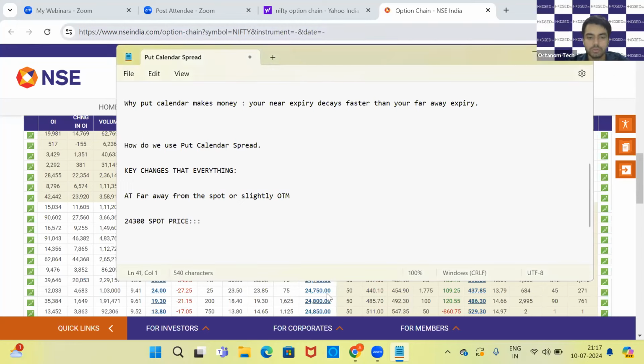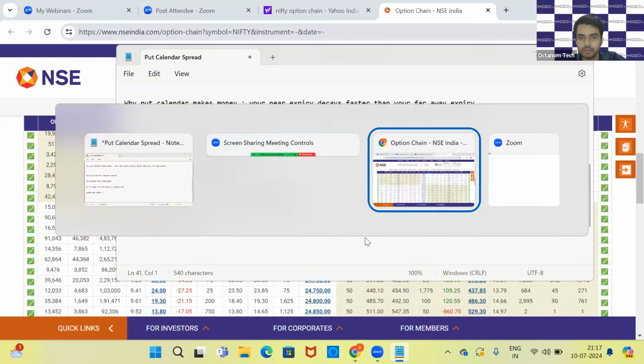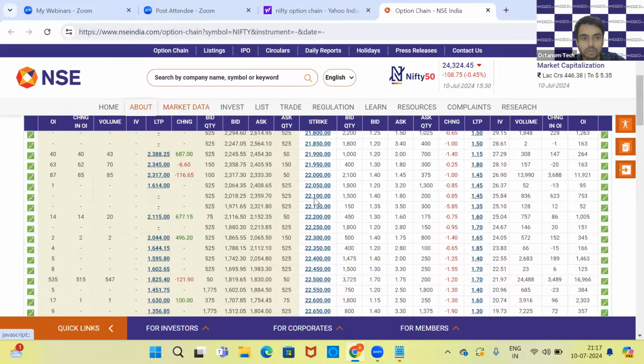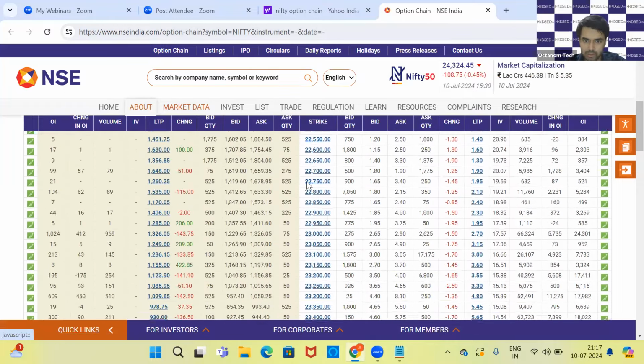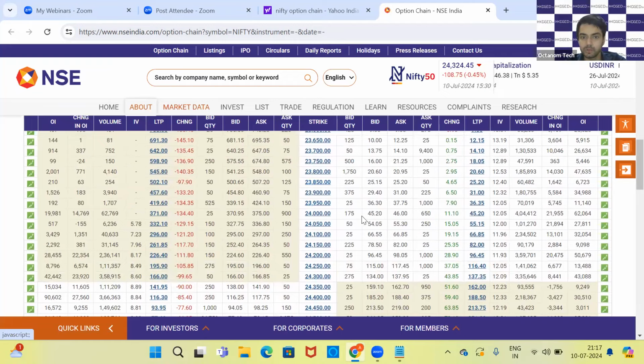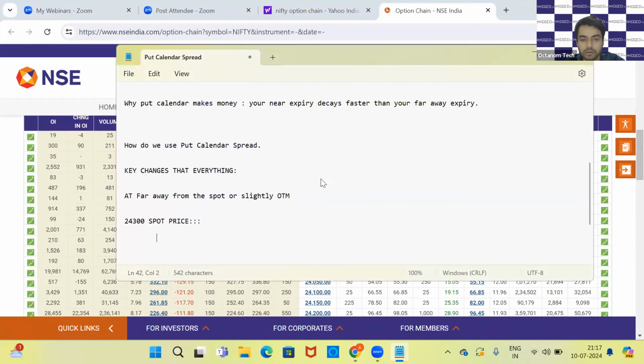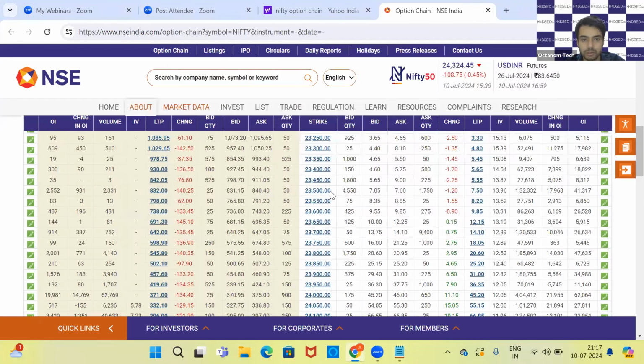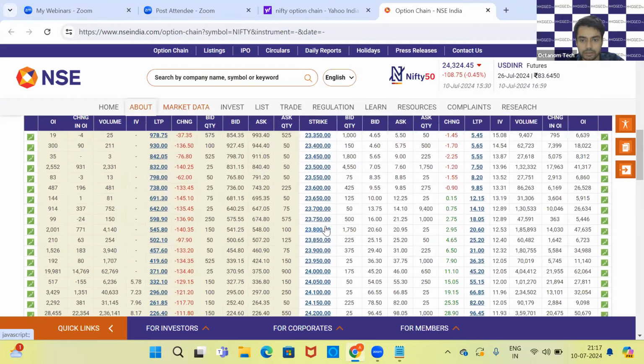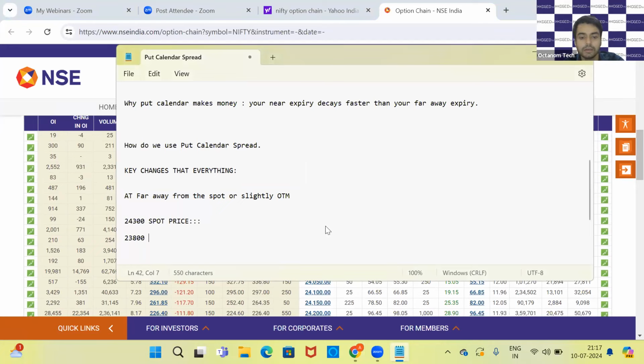So Nifty is trading at 24,300. Now let's just go to the near expiry. The least premium I want is, let's say, 20 rupees. Okay, 23,800. So first I always see the selling leg, 18th July. 23,800 PE at 20, 18th July.